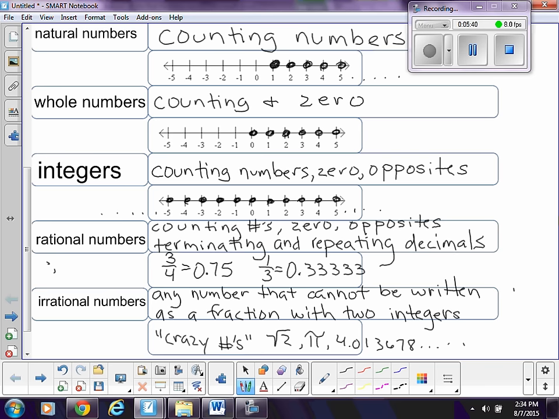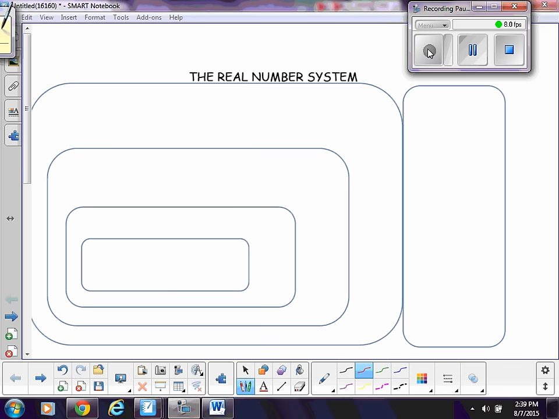Okay, next we're going to look at these subsets in a Venn diagram. Okay, so now we're looking at the Venn diagram of the real number system. We're going to start from the bottom to the top. So let's start with our crazy numbers, which remember we refer to as the irrational numbers. So that would be this subset right here.